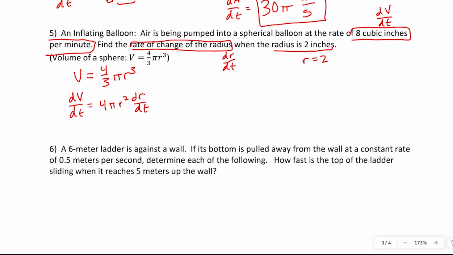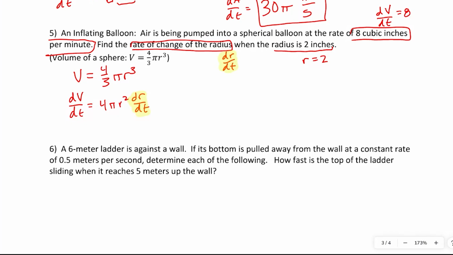What it's asking for is the rate of change of the radius, so we're going to have to solve for that variable. They give us the rate of change of the volume, which was 8, and they give us the current radius at that moment, which is 2. And that's all you really need.